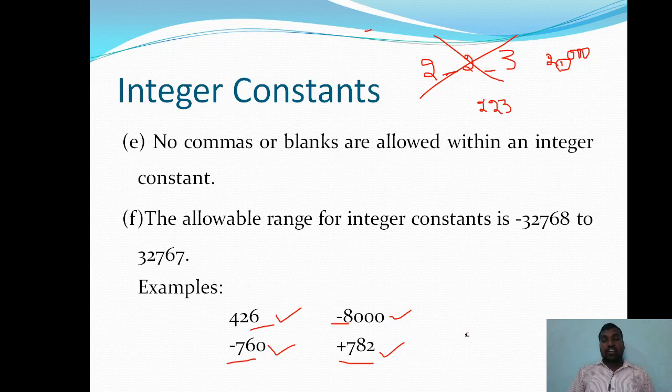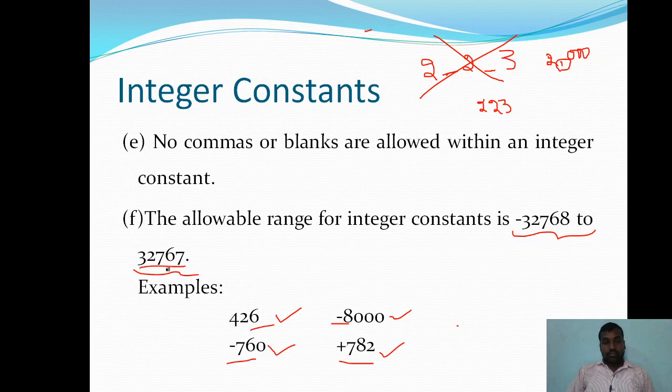The range of integer constants supported by the C programming language is -32768 to 32767, okay.